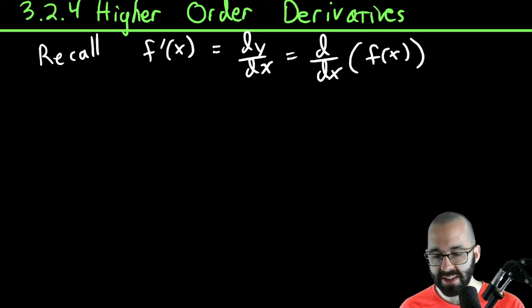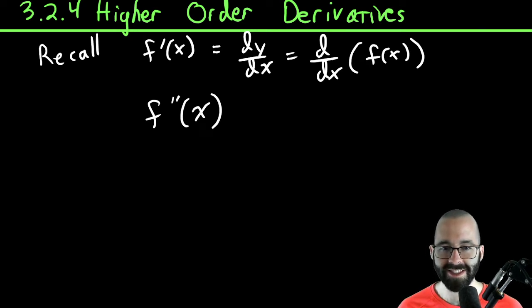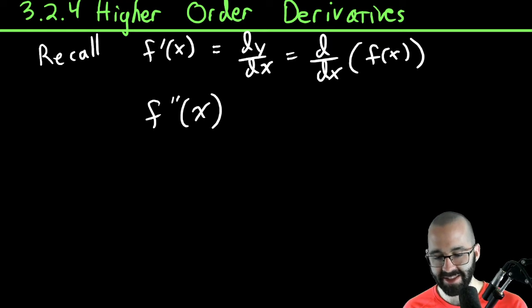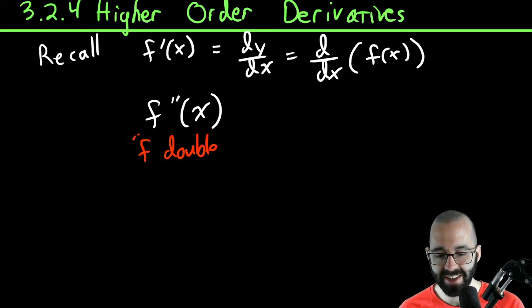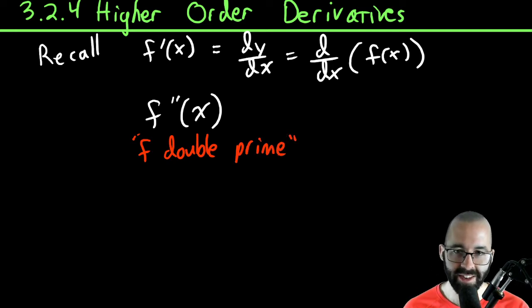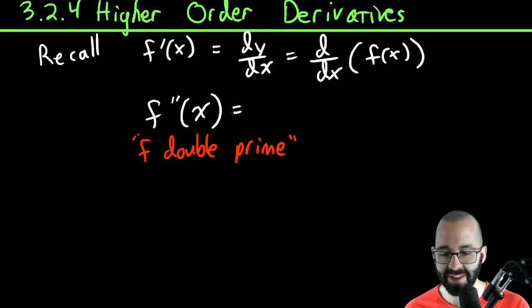Well, kind of utilizing this thought, what do you think this is? F double prime of x. Well, if f prime is the first derivative, f double prime is what's known as the second derivative.